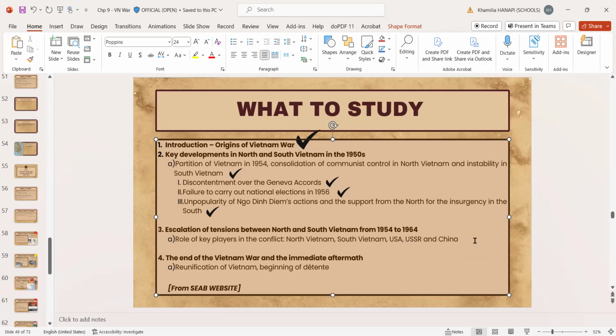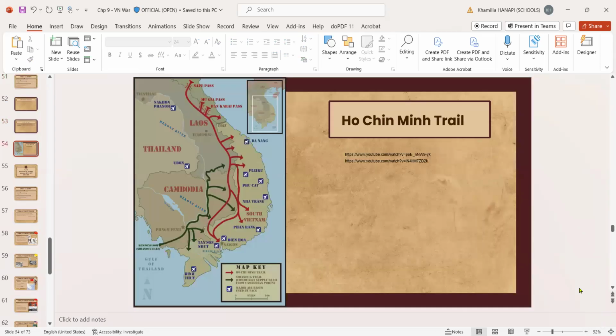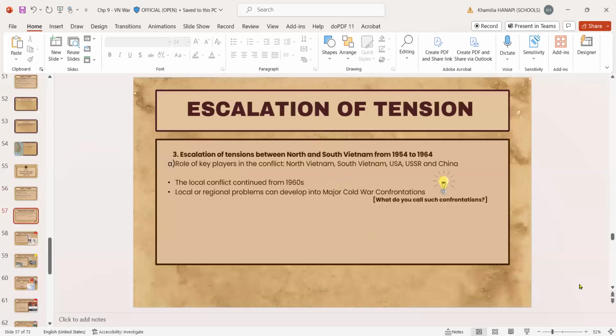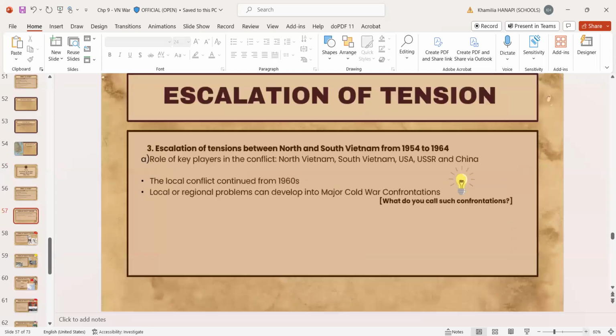Later on, when it comes to revision, you take a look at what you are tested on, or how the Vietnam War would be tested in an essay. You'll be doing it during the lesson itself. So just fast forward to here, part 3, escalation of tension. Let's start.